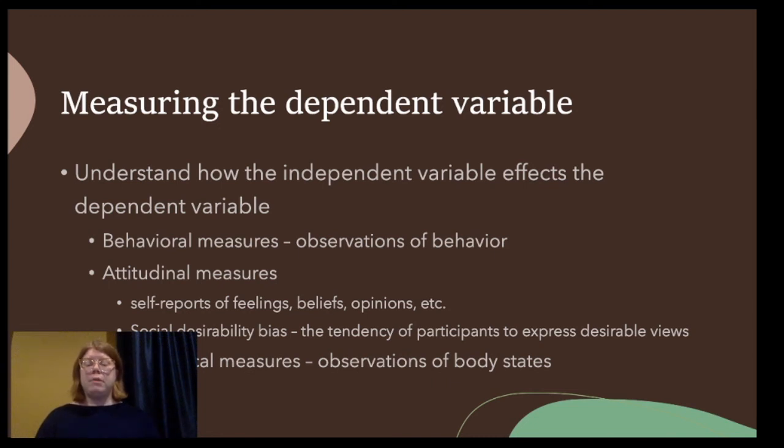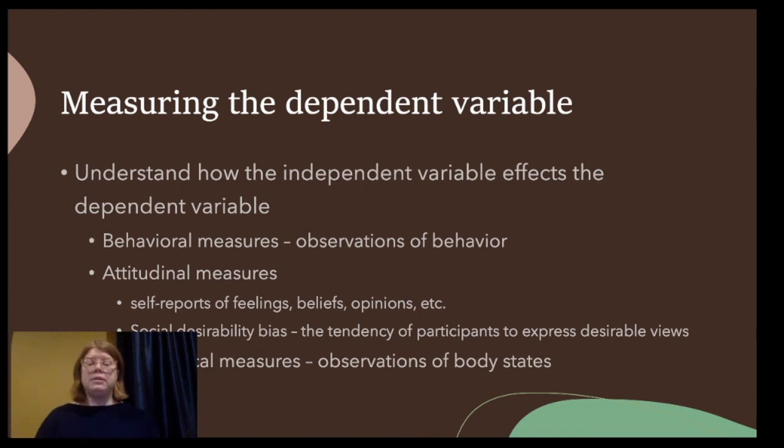And attitudinal measures, which are self-reports of feelings, beliefs, opinions, etc. Attitudinal measures are especially susceptible to social desirability bias, which is the tendency of participants to express views that they think will make them look better. Most of us are aware that when we're asked about things like racism or sexism or homophobia, there are kind of correct answers.